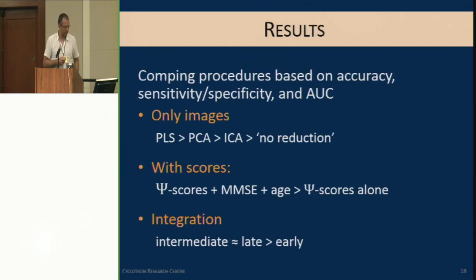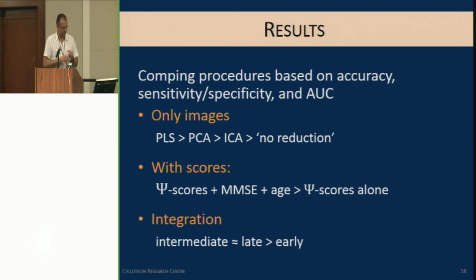So I'll quickly go to the results from what we tested with this, on quite limited data, but it's still interesting. If you're only playing with images, for this type of data, doing the dimensionality reduction did help the prediction.